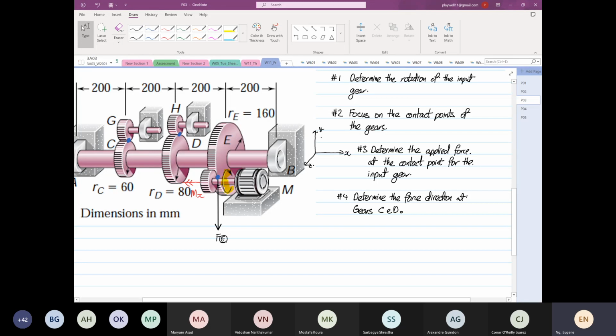Now what I'm going to do is sketch a view.